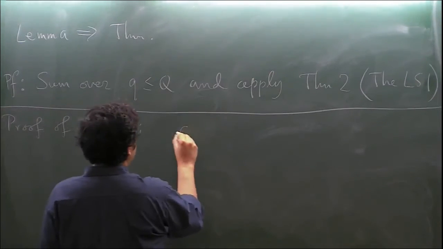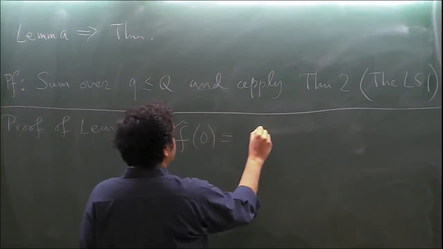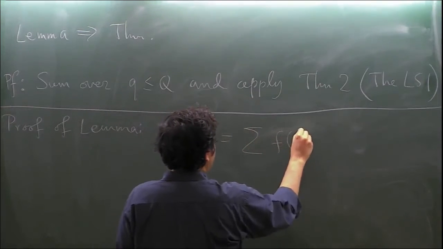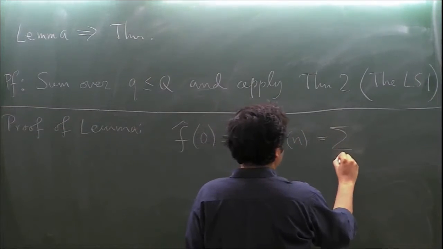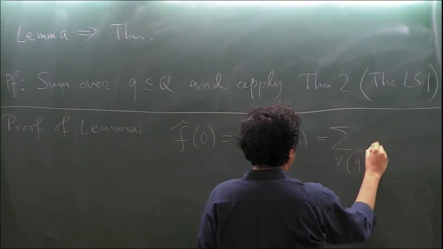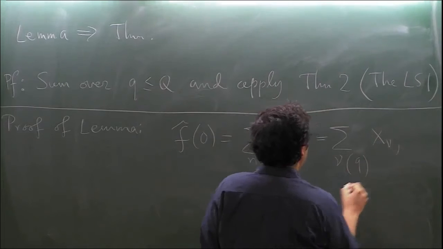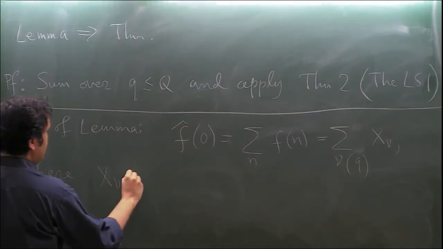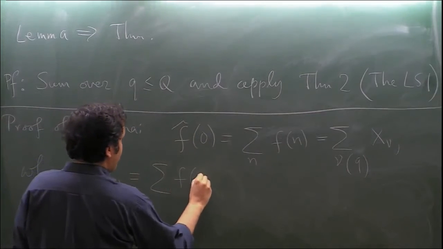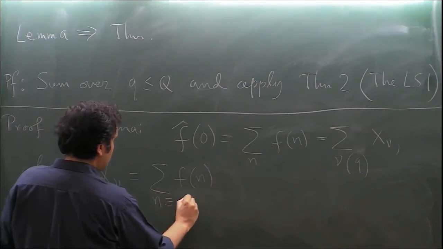What is f hat of 0? It's just the sum of f n. So call it the sum over nu mod q of x nu, where x nu is the sum of f n, n congruent to nu mod q.